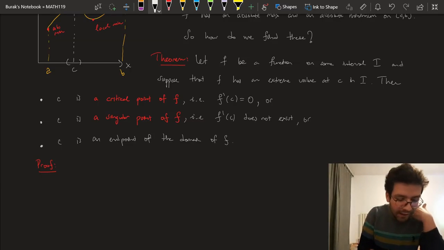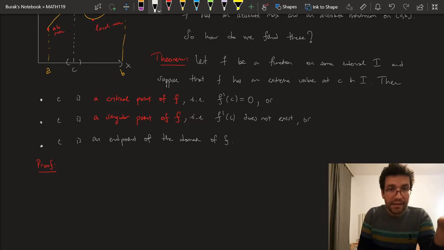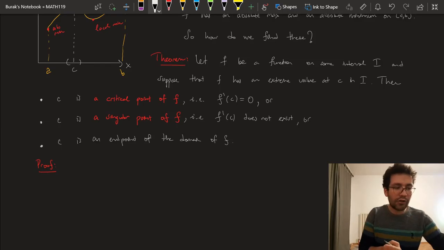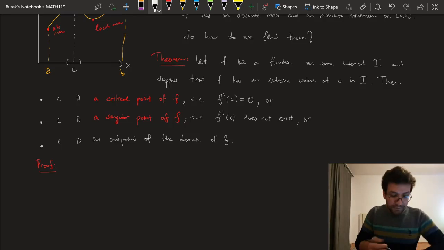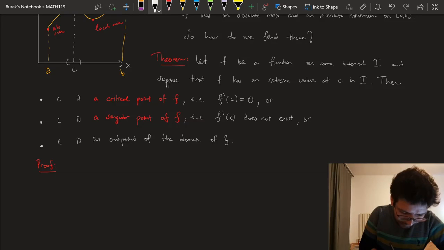So I'm claiming that either the first case or second case or third case happens. This is the same thing as showing that if the second two cases do not happen, then the first case has to happen. These are logically equivalent. So let me do that.